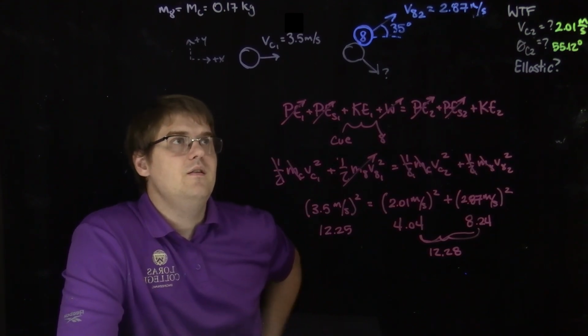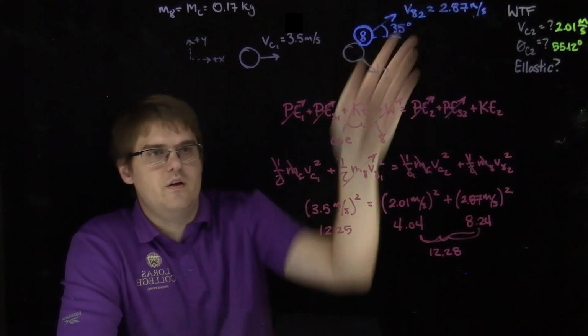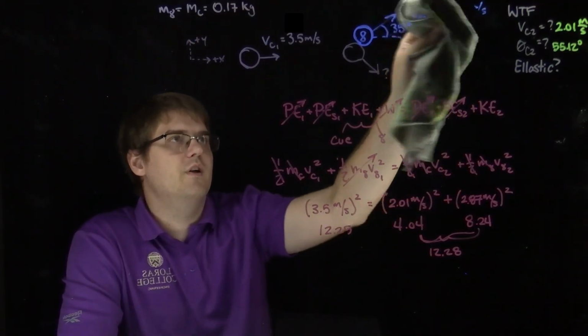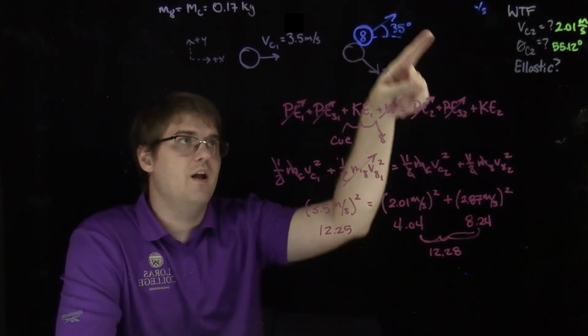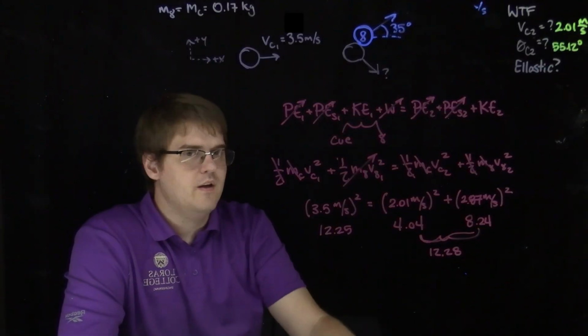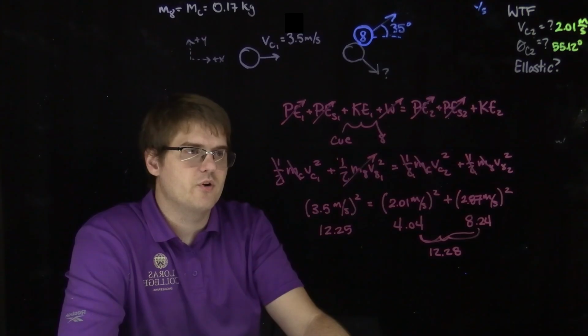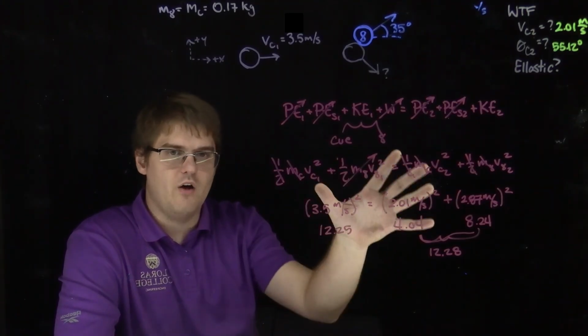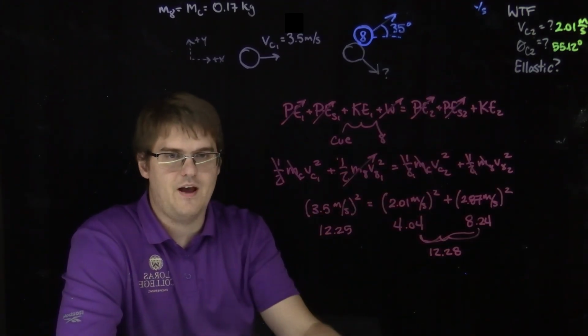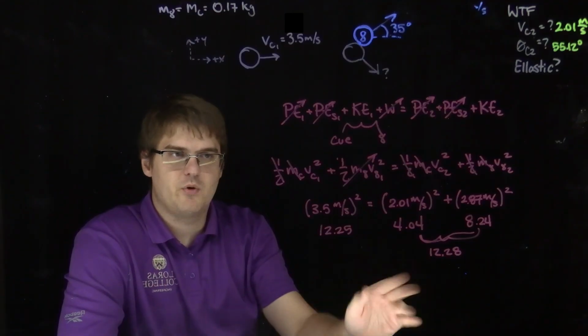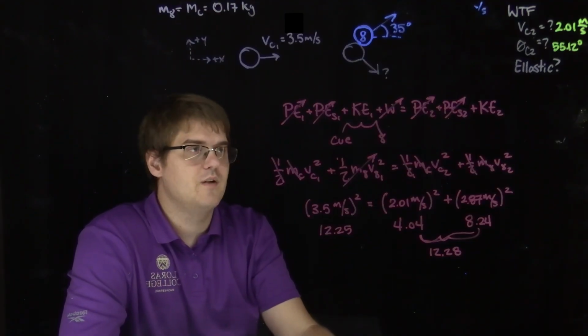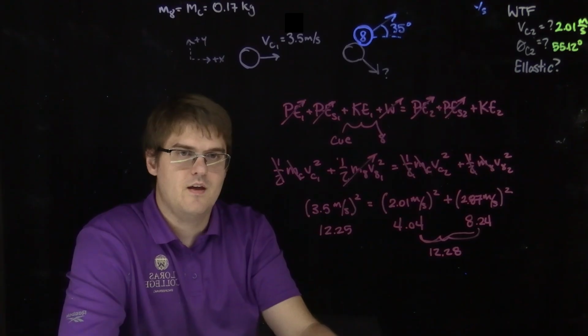So again, I could have solved it with this, and I would have ended up with that number and this number. Way too much work. This is how the 2D problems are going to look, where you're solving for it, and then you're just proving it afterwards. So that is the perfectly elastic condition.